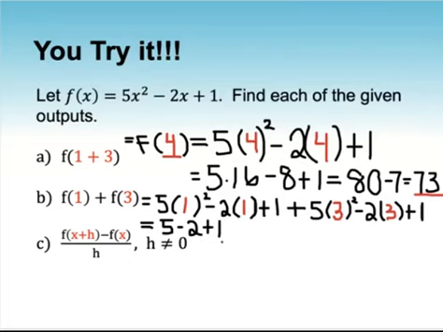So 5 times 3 squared is 9. So we do 5 times 9 is 45. So plus 45.